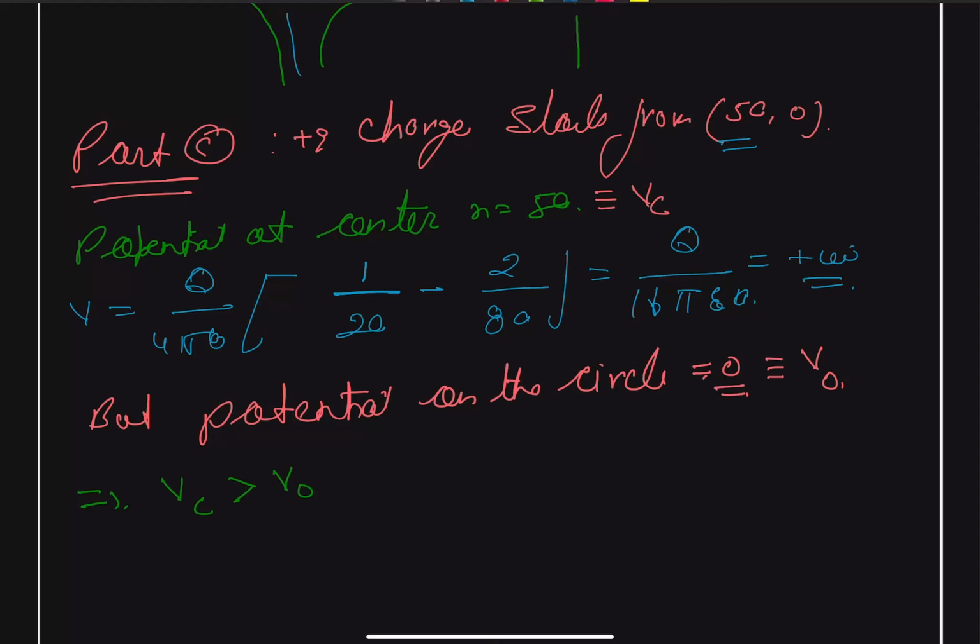So it means the particle is going to cross the circle. So we can say the particle will cross the circle.